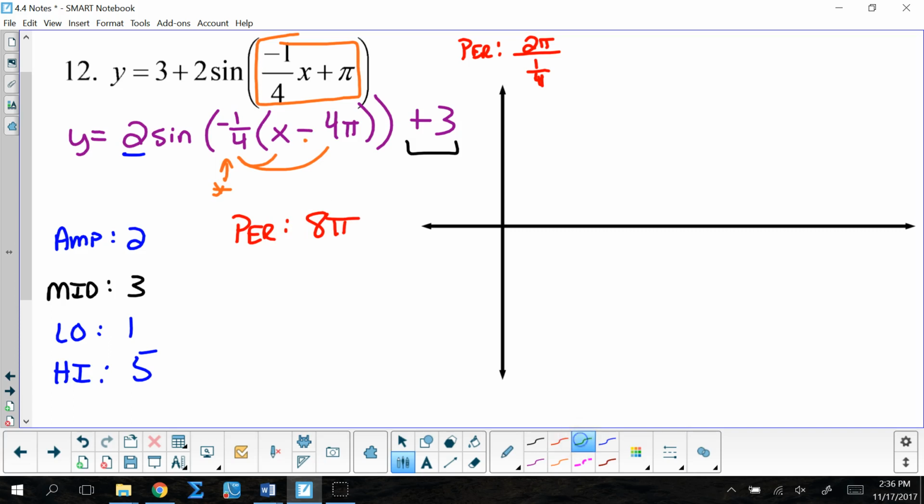Start value is opposite of that one, so that's going to be 4 pi. 4 pi plus 8 pi tells me that my end is at 12 pi.